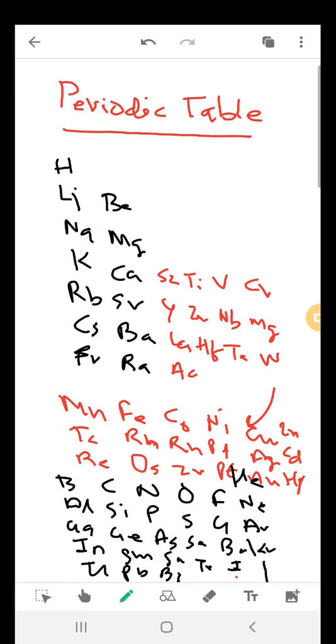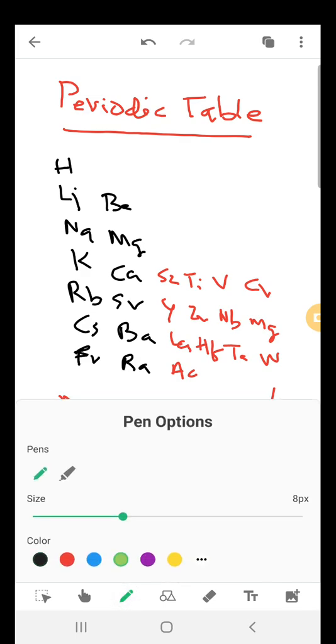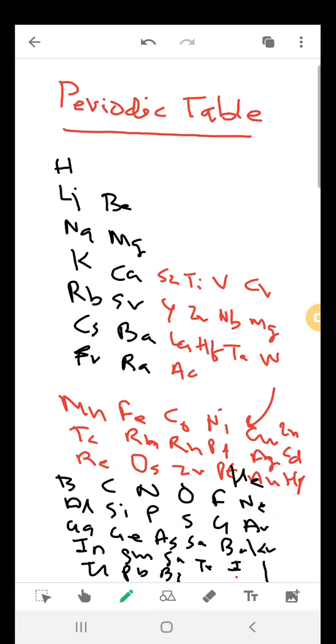Out of these there are some metals, for example tungsten, then tantalum, Ta.